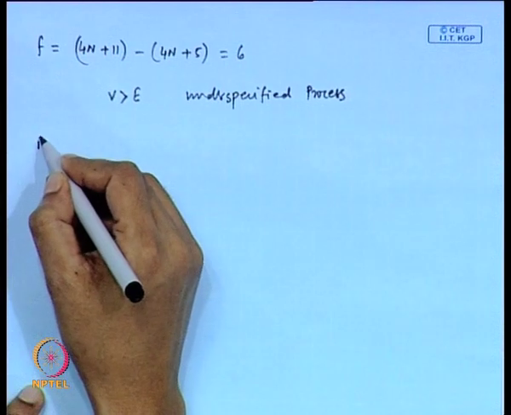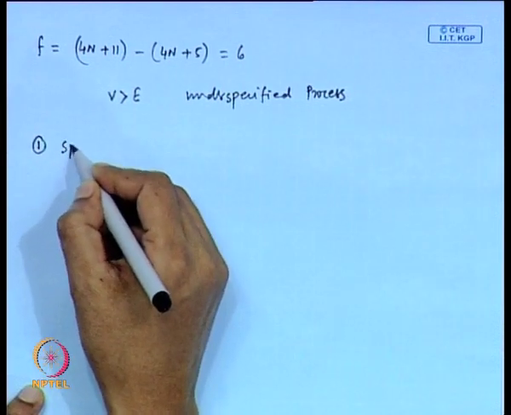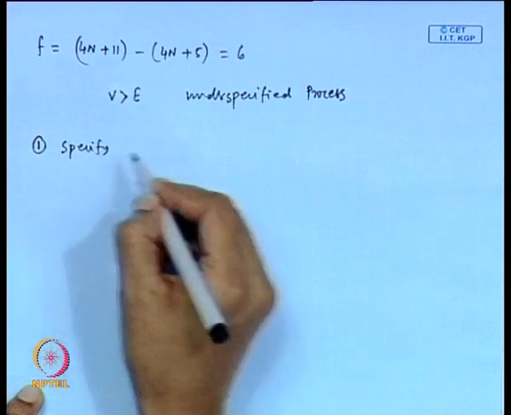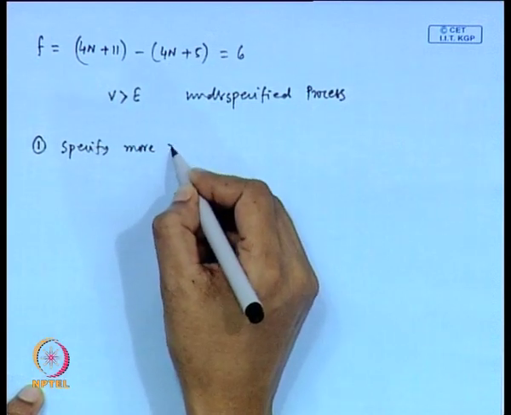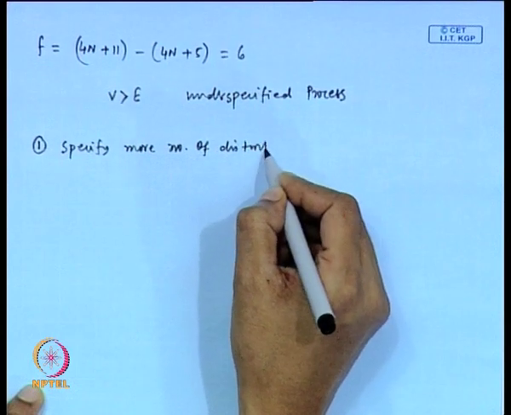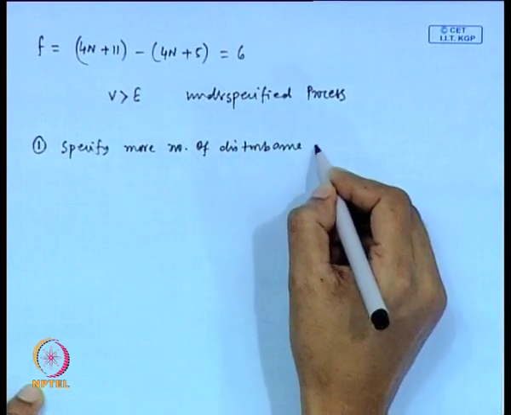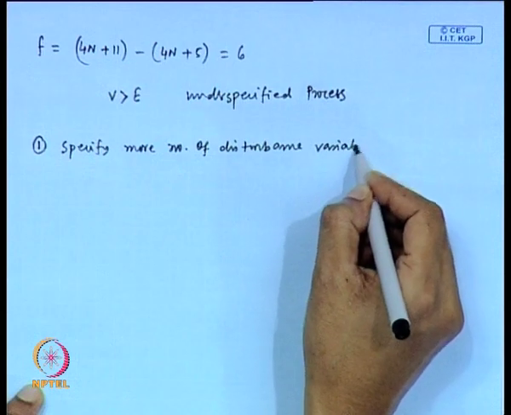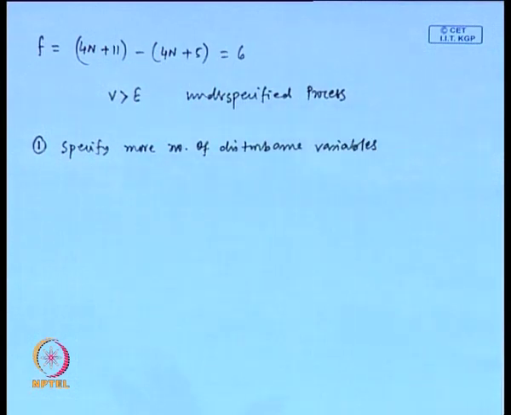One is we need to specify more number of disturbance variables. To reduce F to 0, we can specify more number of disturbance variables.